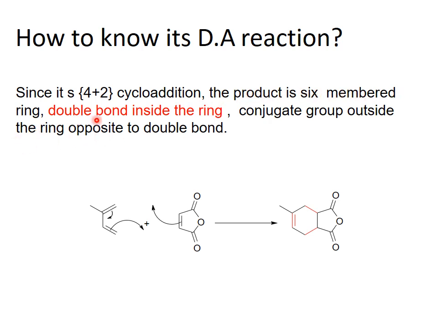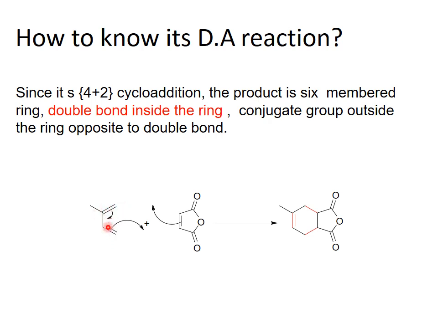First of all, how can we recognize that this is a Diels-Alder product? First, the product must contain a 6-membered ring. So here is a 6-membered ring. Second, the 6-membered ring must contain a double bond. There is a double bond inside the ring. The substituents are outside the ring and opposite to the double bond. See this one, these are the electron withdrawing groups.